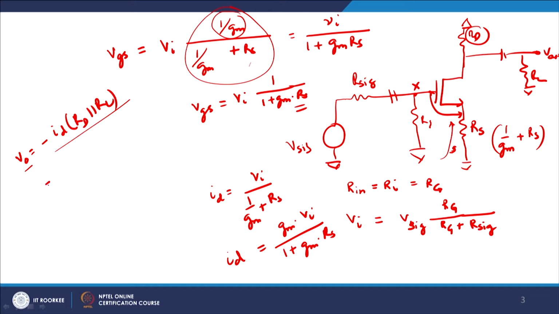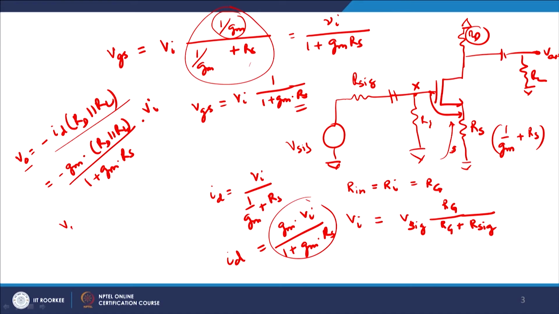So, I can safely write this as minus Gm times RD parallel RL, divided by 1 plus Gm times Rs, into Vi. Placing it here and plugging it in, VO by Vi, which is nothing but the gain AV, equals minus Gm times RD upon 1 plus Gm times Rs, where RD is the drain resistance.